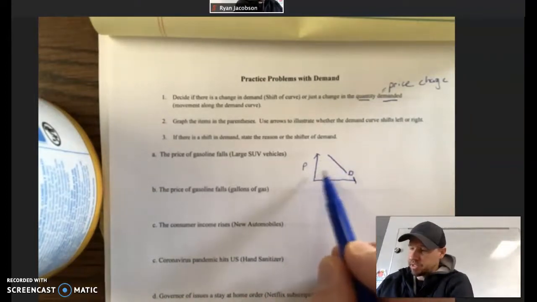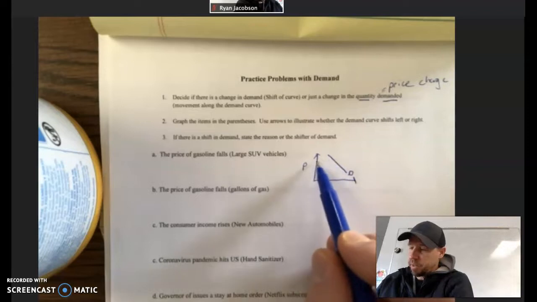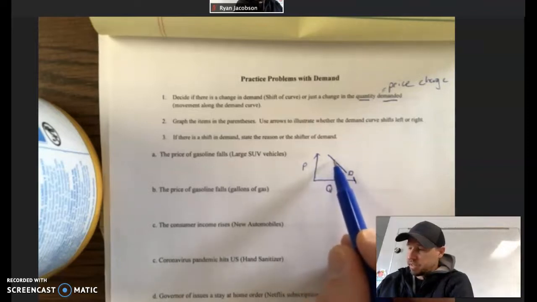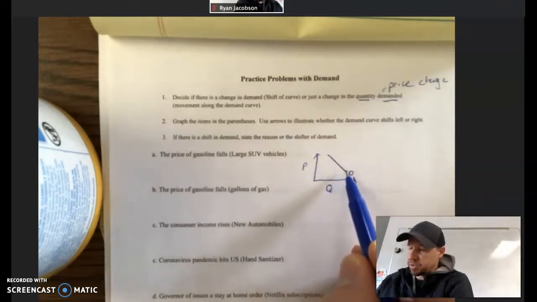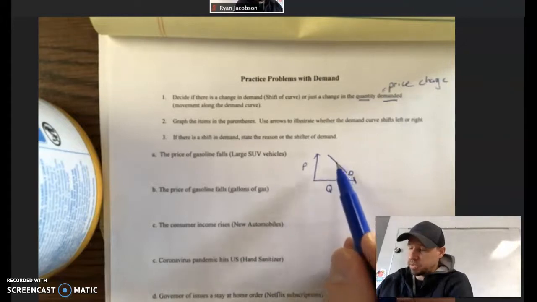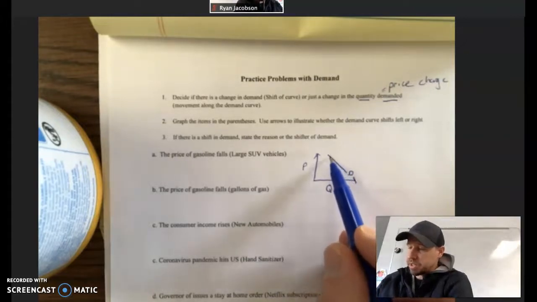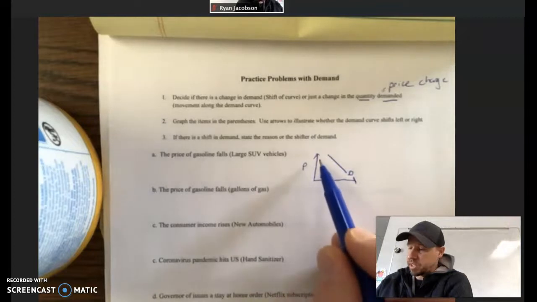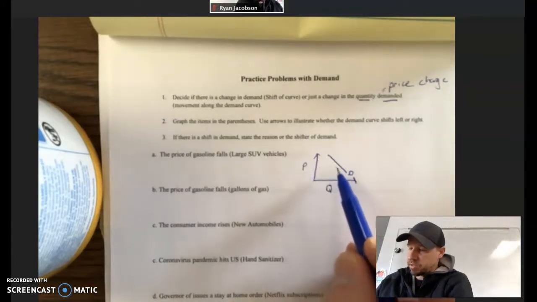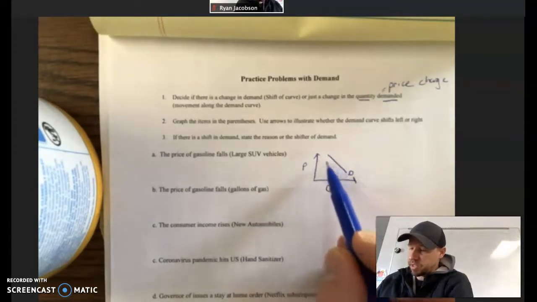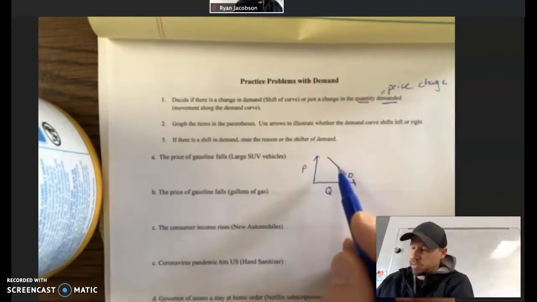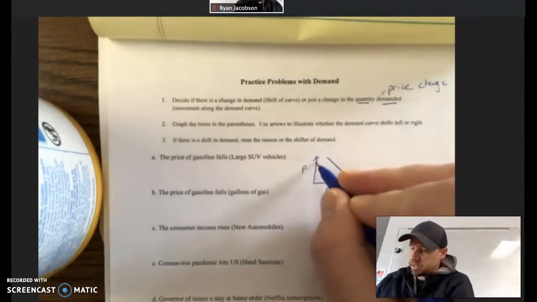It's a series of data points that shows either this consumer or the market of consumers' relationship between price and quantity. As prices increase, we can see the quantity demanded decreasing.